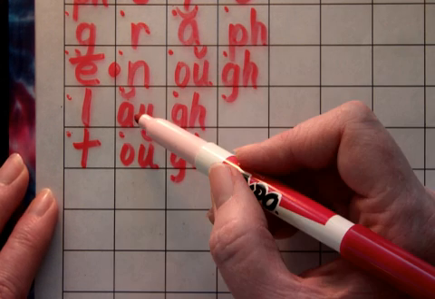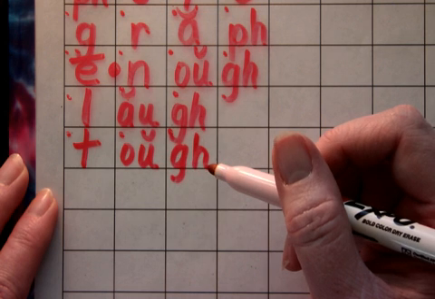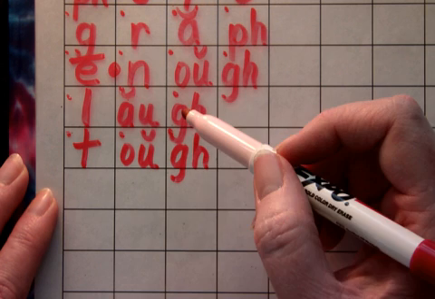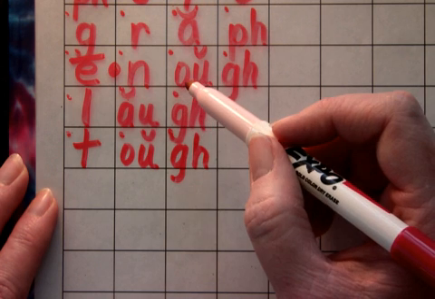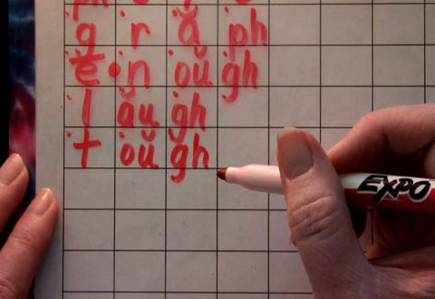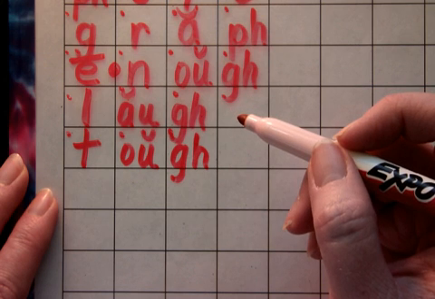So if you can see this, we've got 3 different vowel teams, and if you've learned when 2 vowels go walking, the first one does the talking, and it usually says its name, which is the long sound. These 3 words do not follow that, because that rule only works about 30% of the time.